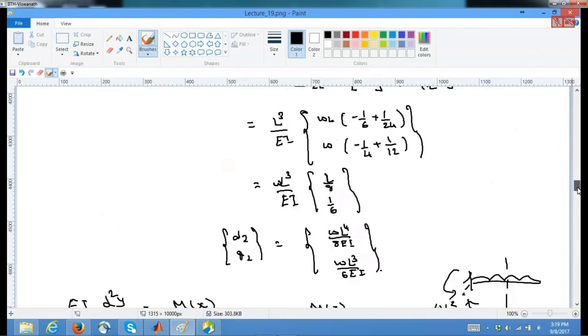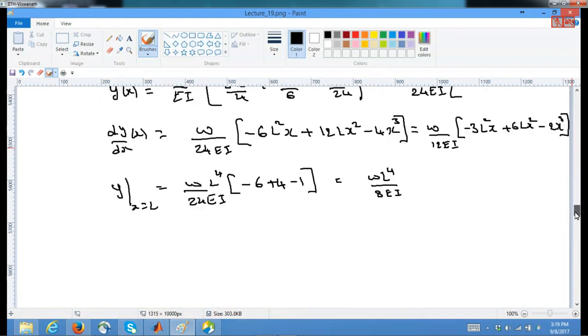So anyway, dy by dx at x equals L is equal to W L cubed by 12 EI into minus 3, 6 minus 2.